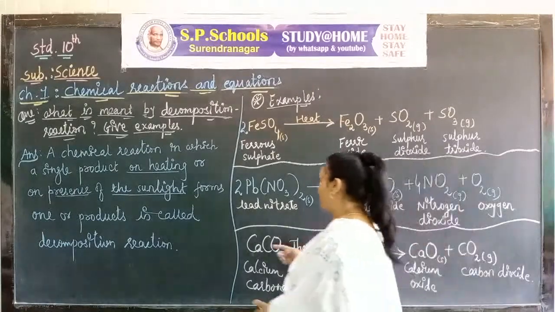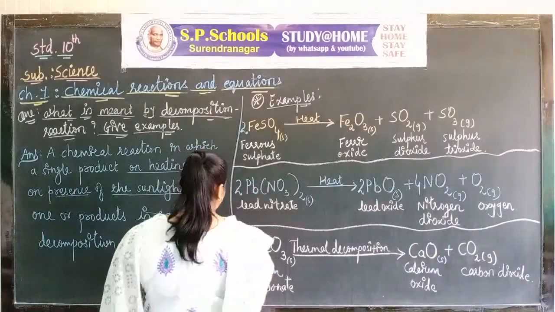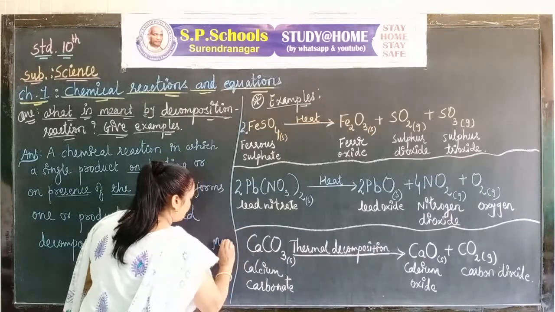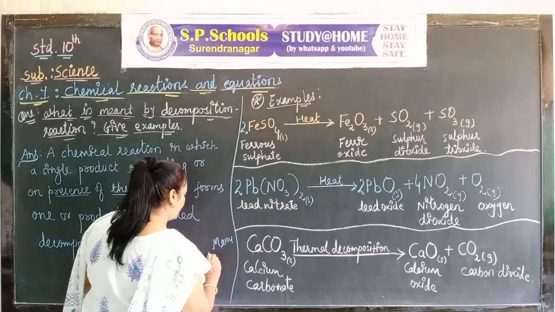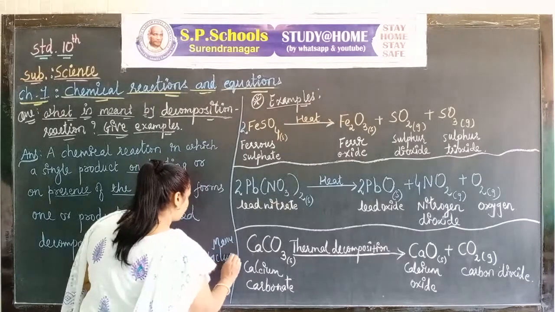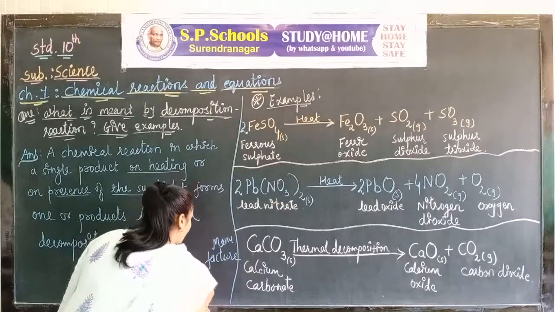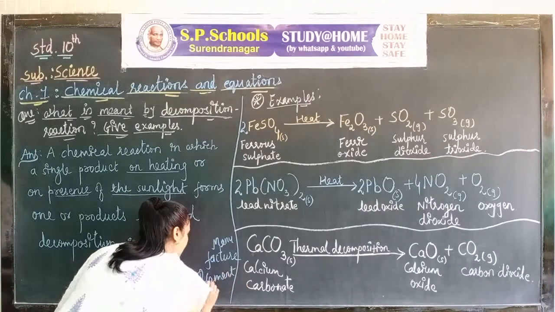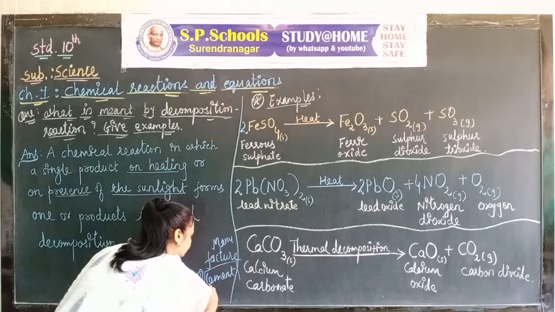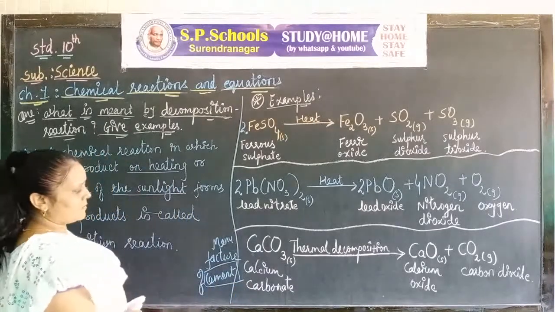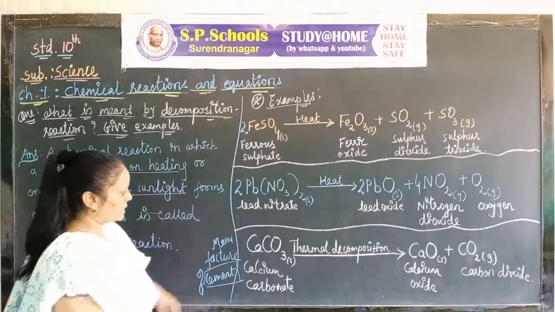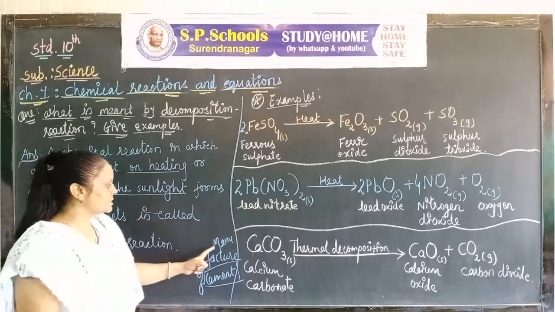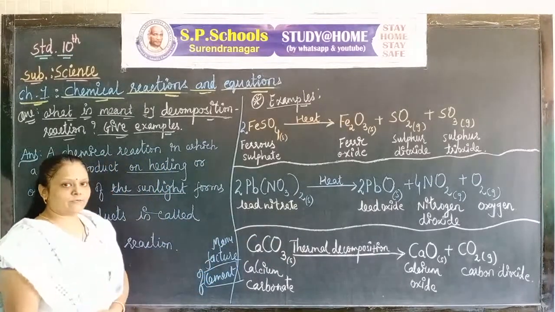The third reaction, CaCO3 gives CaO plus CO2, is used in the manufacture of cement.